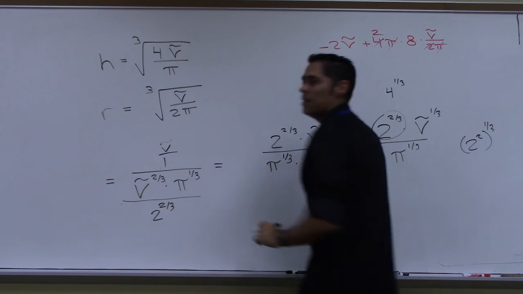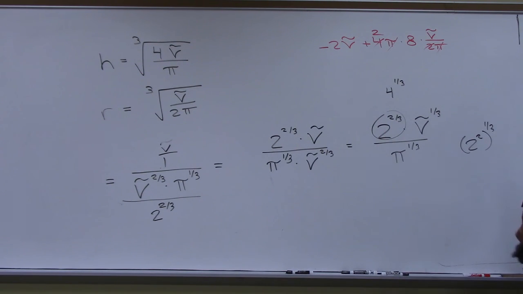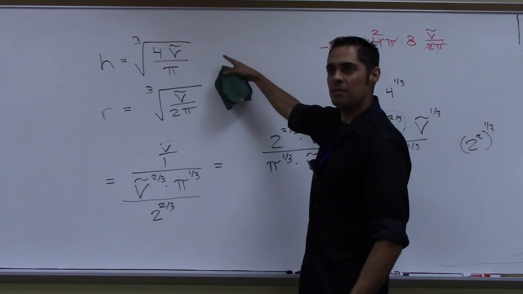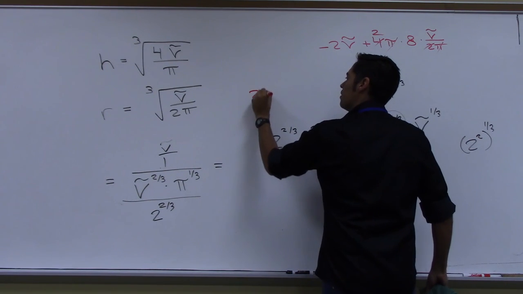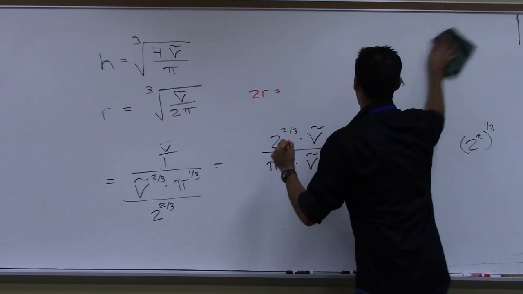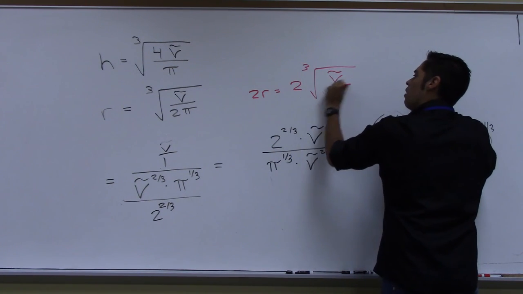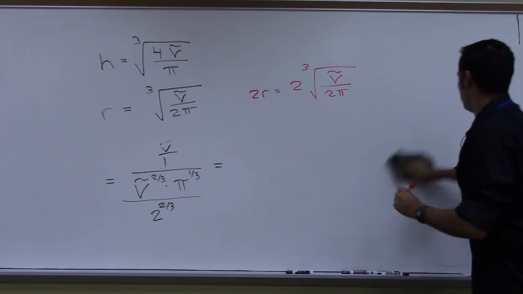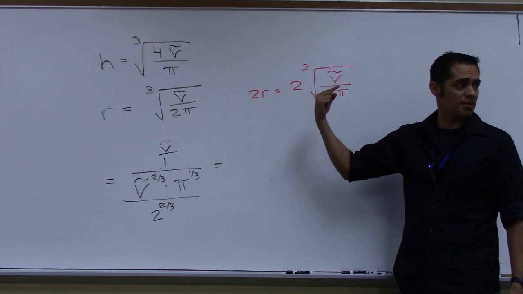Okay, watch this. You've got to give me this one more minute, I promise. Y'all ready? Magic time. See these two things? Tell me what 2r is. 2r is 2 times the cube root of v tilde over 2 pi, right? We know from earlier in this calculus class that if you have something outside of a square root and you force it in, it gets squared.